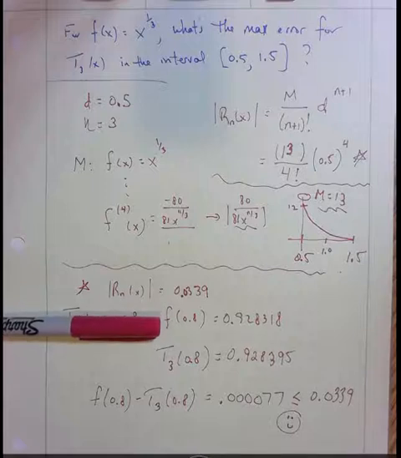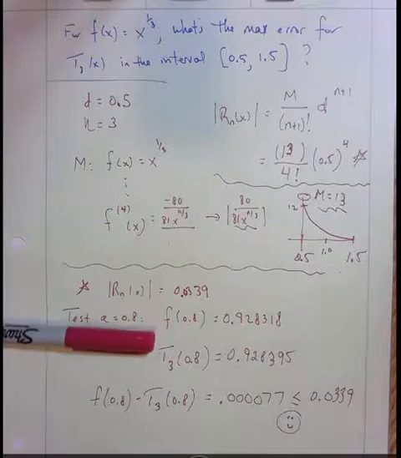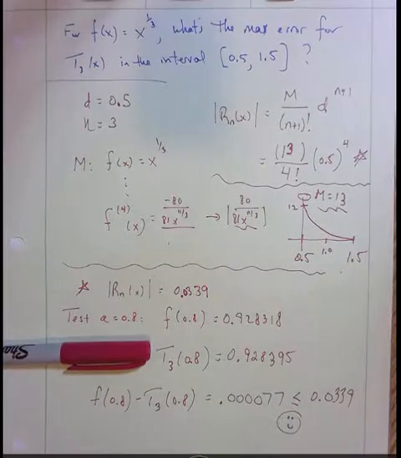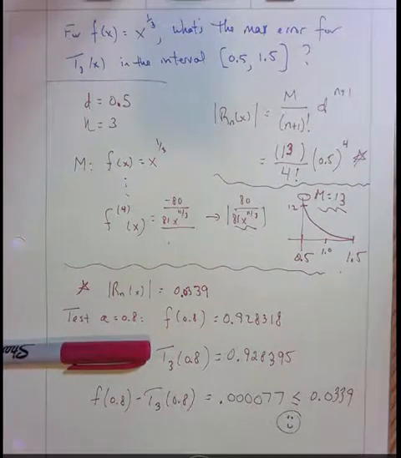And f of 0.8, in other words, the actual cube root of 0.8, is 0.928318, etc. And then in Maple, we asked for the production of the third order Taylor polynomial. We got it, and we plugged in 0.8, and we got 0.928395.